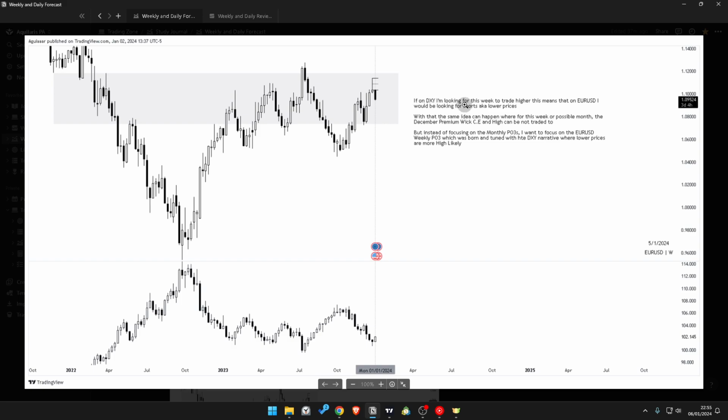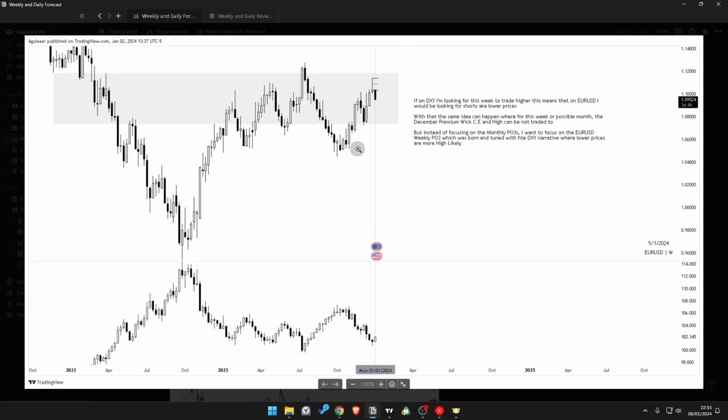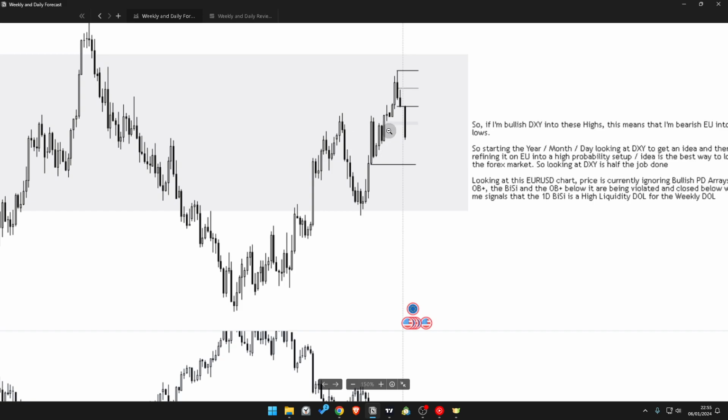If on DXY I'm looking for this week to trade higher, this means that on EUR USD I'll be looking for shorts, aka lower prices. And where was I looking? If I was looking at the week 3 high, so this was the week 3 of December high, then I'll be looking at this week 3 December low on euro, as it's shown right here.